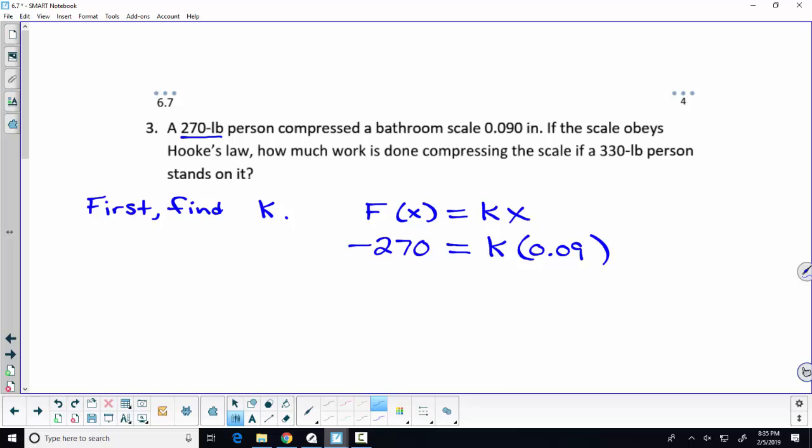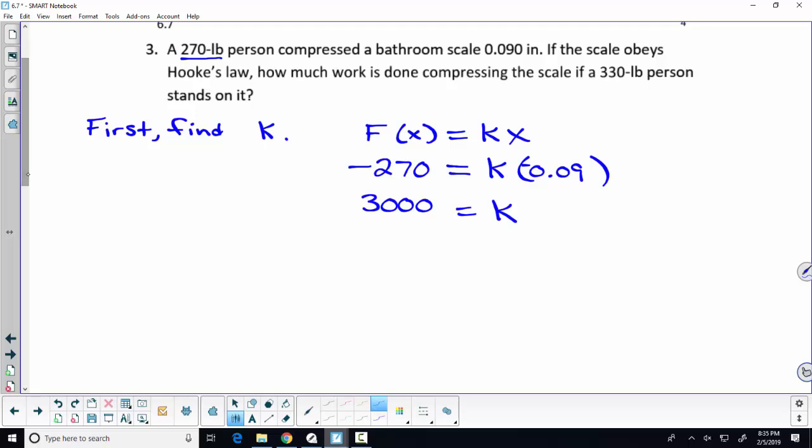So technically it should be negative and negative here. If you miss that, it's not going to matter because you're still going to get a positive k out. Okay, so k equals what? 3,000. So now we have the constants for that bathroom scale spring.